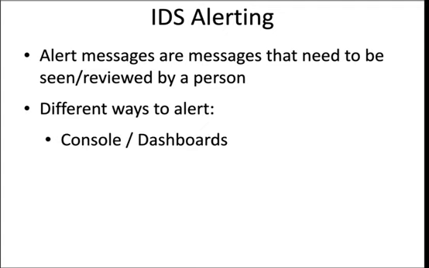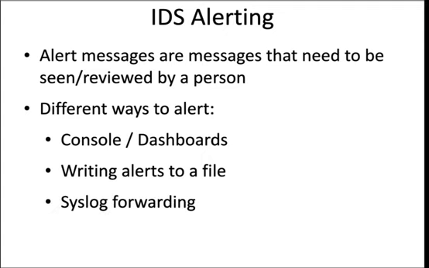You can have consoles or dashboards that are running and displayed and turn an icon red or flash an icon at you if it determines that a device or machine may be compromised. It can write these alerts to files. Oftentimes it might do both of these. It might try to get a person's attention, but for review at a later point in time or for evidence, writes those alerts to a file as well.